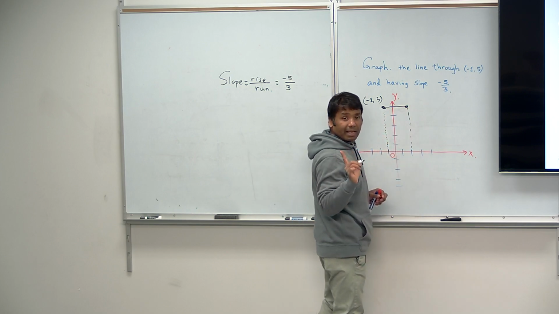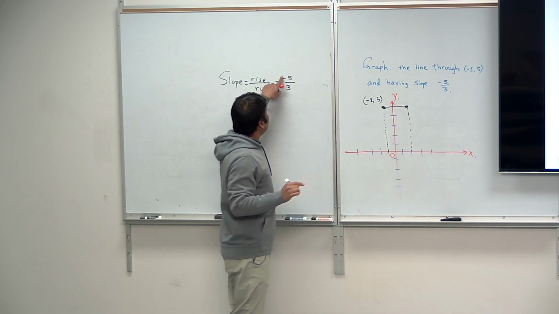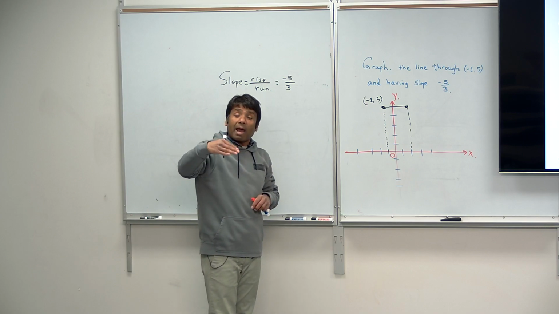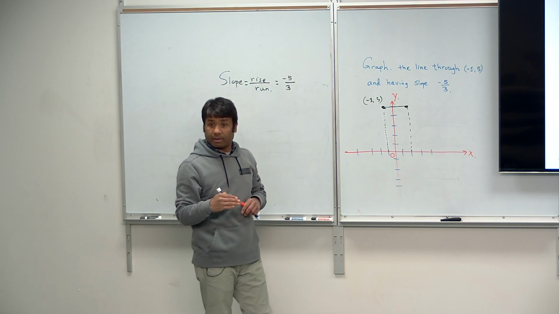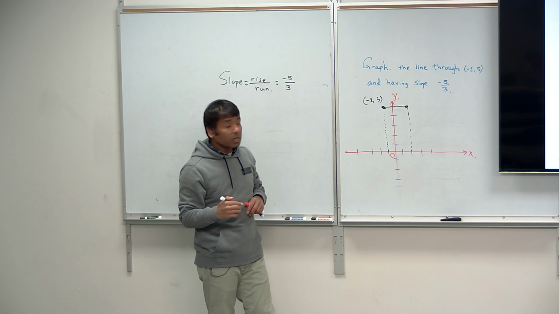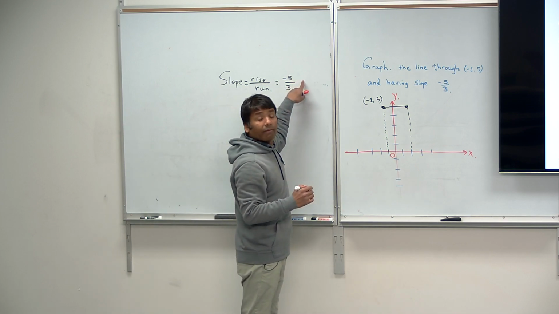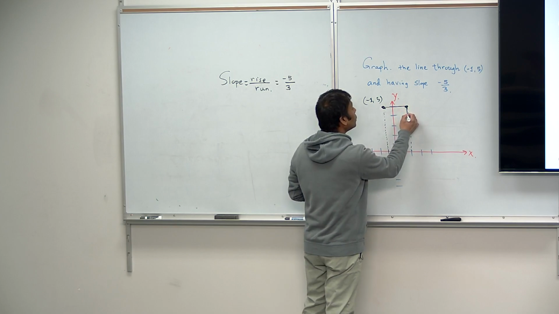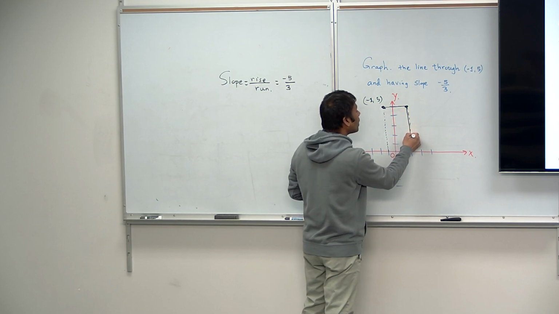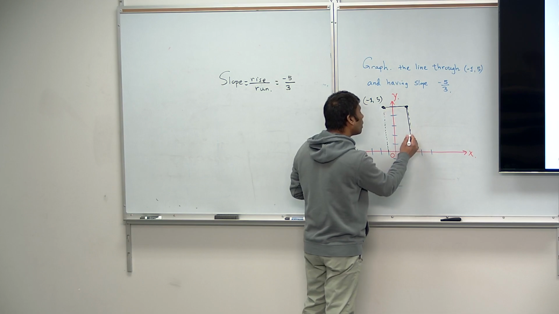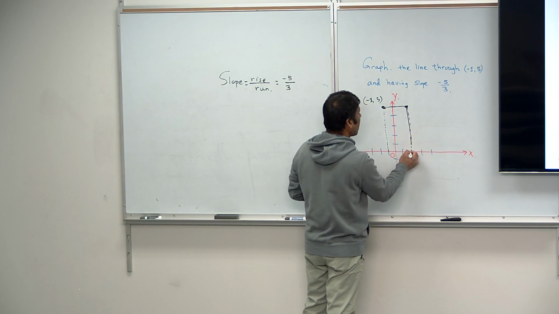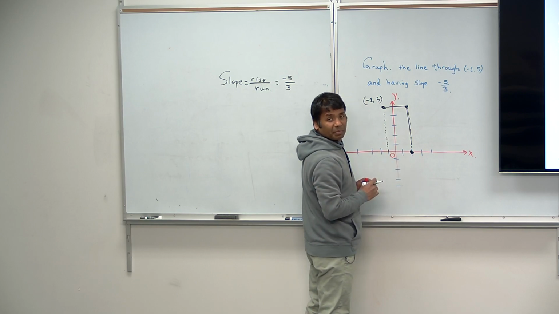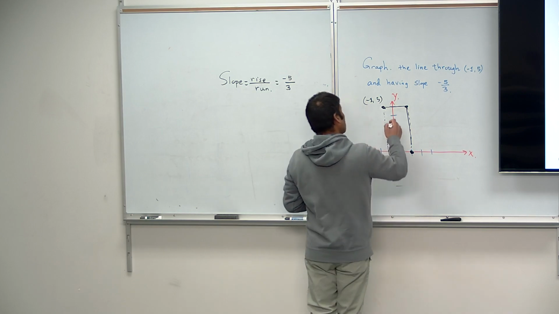And then negative 5 is the what? Vertical distance. Negative 5 means you have to go down. So how many units down? 5 units down. 1 unit down, 2, 3, 4, and the 5 units down from here. That makes sense? And now you join them.